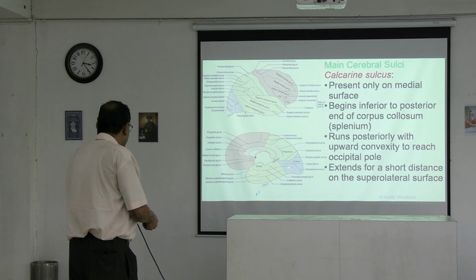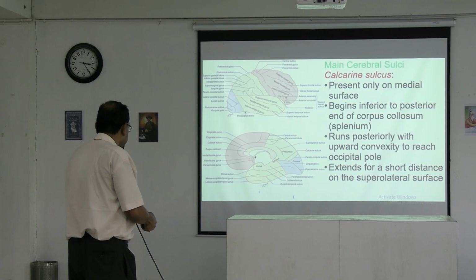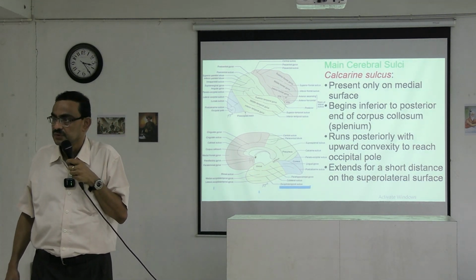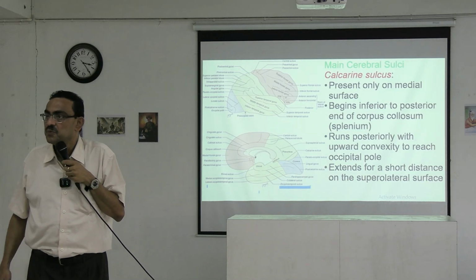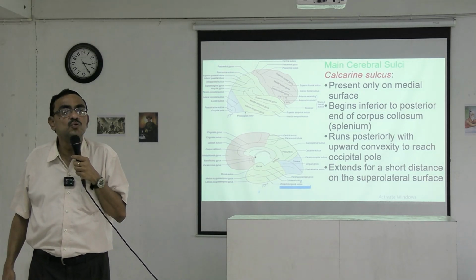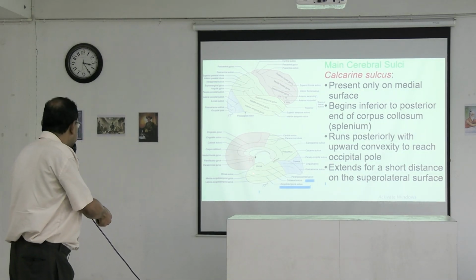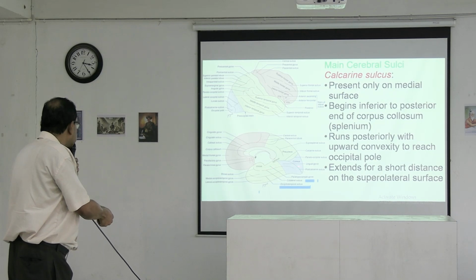This sulcus is called collateral sulcus, and this sulcus is continued from occipital to temporal lobe. So this is called occipitotemporal sulcus. So in the inferior surface, which is visible here, we can see two sulci. They are parallel sulcus. One is collateral sulcus. One is occipitotemporal sulcus.